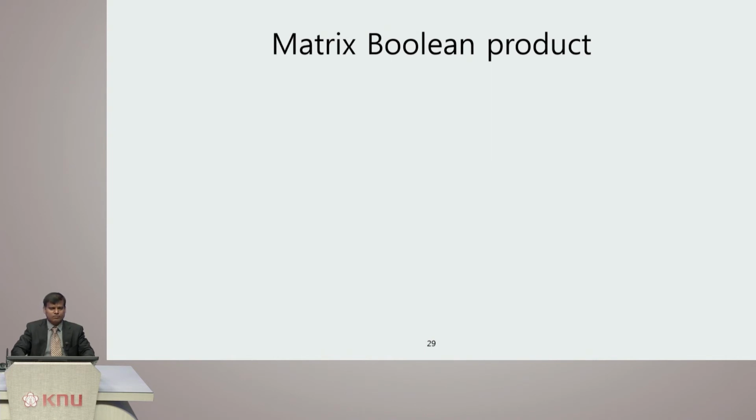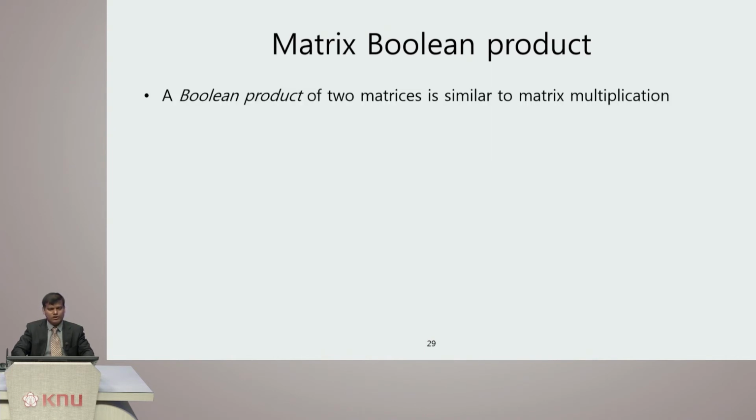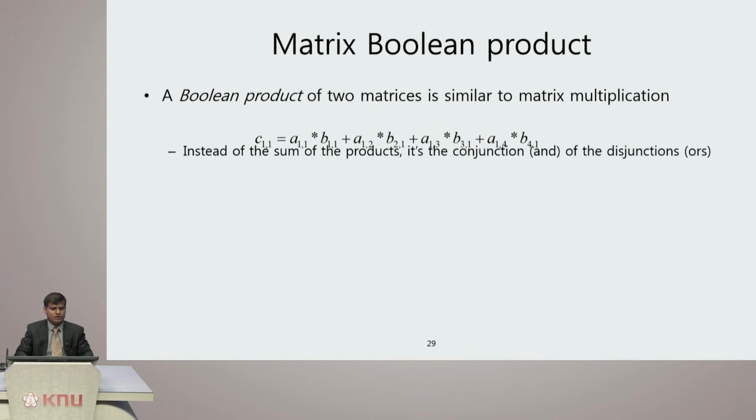Let's move on and see the Boolean product here. A Boolean product of two matrices is exactly similar to matrix multiplication. So we talk about this form C11. The first row and first column, you have A11 times B11 plus A12 times B21 plus A13 times B31 plus A14 times B41.